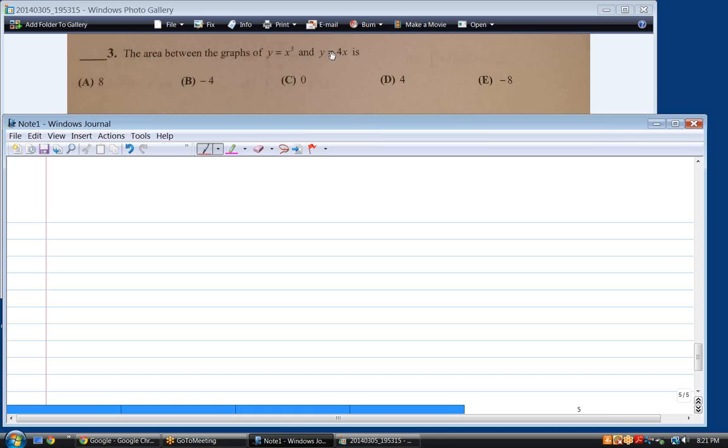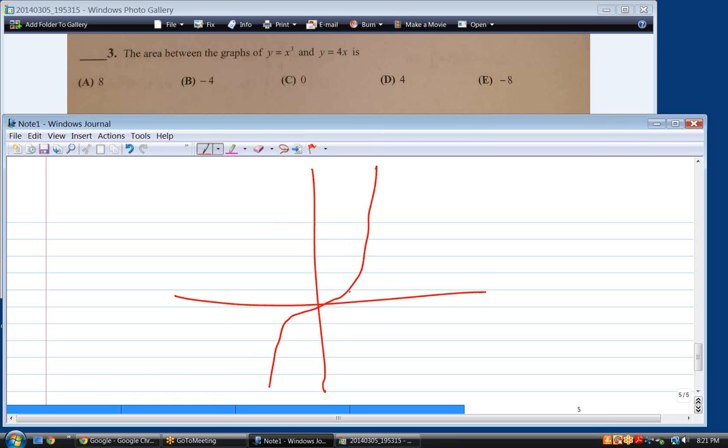So the area between these graphs is what? We would do the area between the graphs. I'd have to graph it. Okay, let's go ahead and graph it. There's the x cubed, y equals 4x.